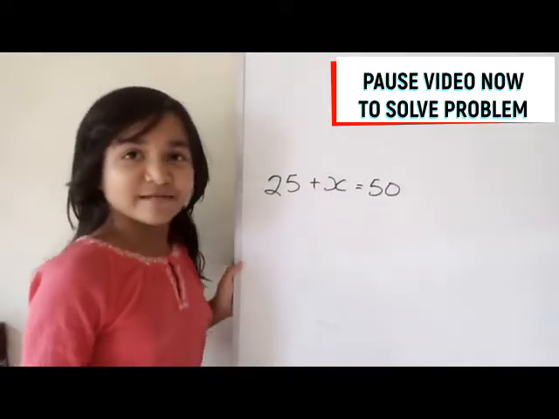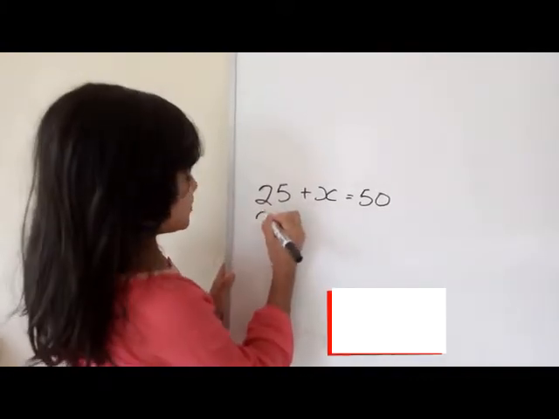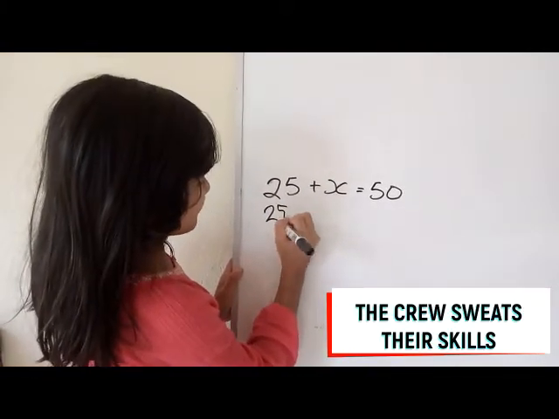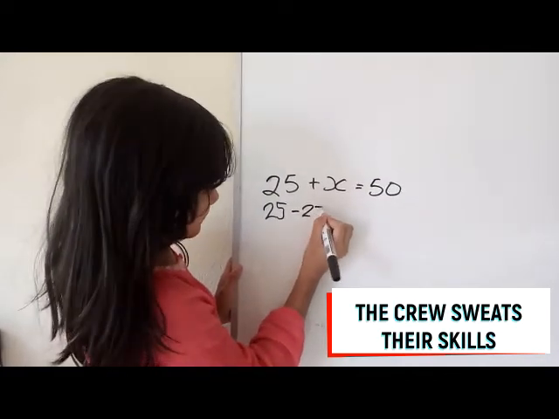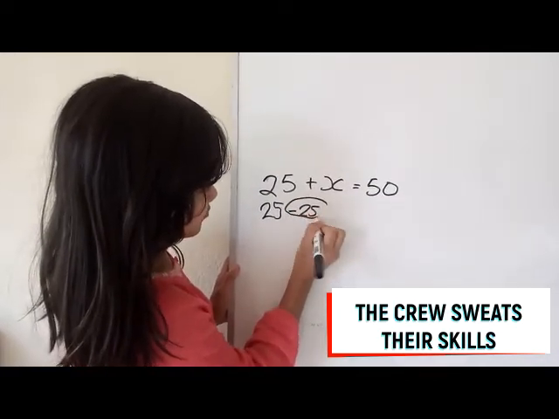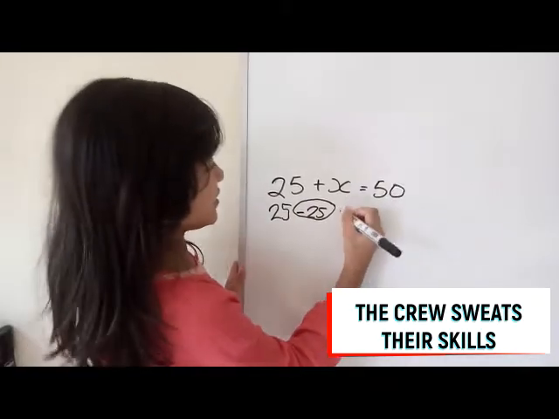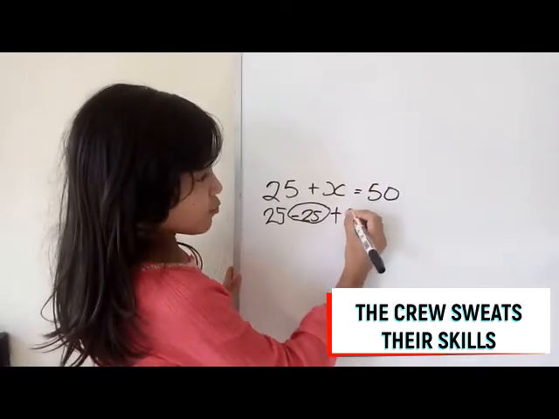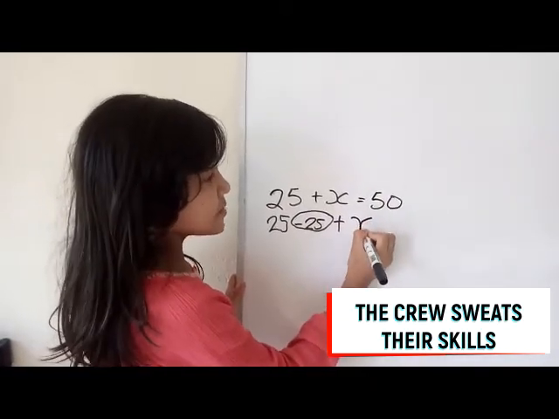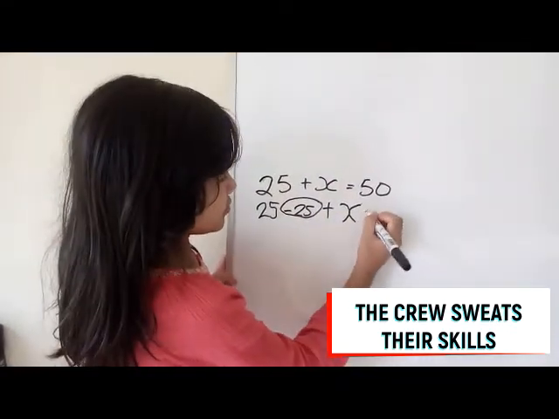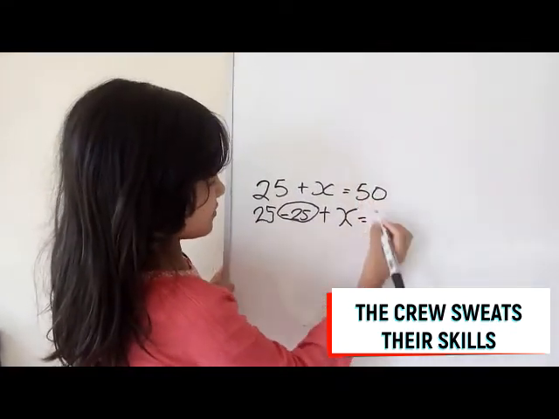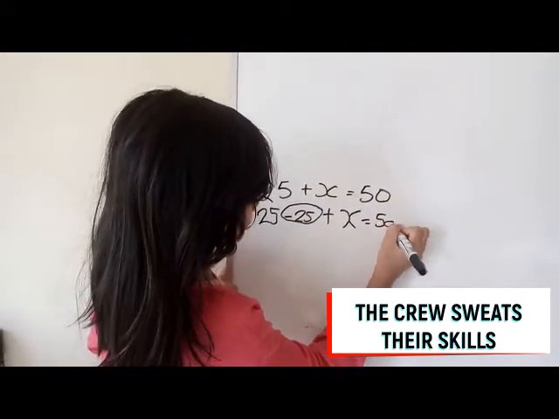25. How do we take away 25? We just put the number 25 down here, and then we minus the same number 25. Then we plus x, which is a number we don't know yet. And then we follow the path again, equals 50.